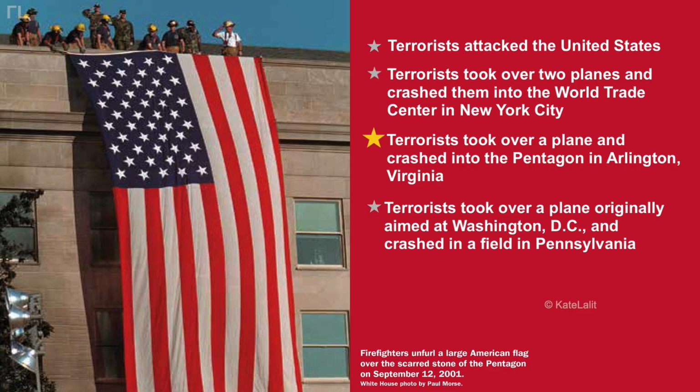Terrorists took over a plane and crashed into the Pentagon in Arlington, Virginia. Terrorists took over a plane originally aimed at Washington, D.C., and crashed in a field in Pennsylvania.